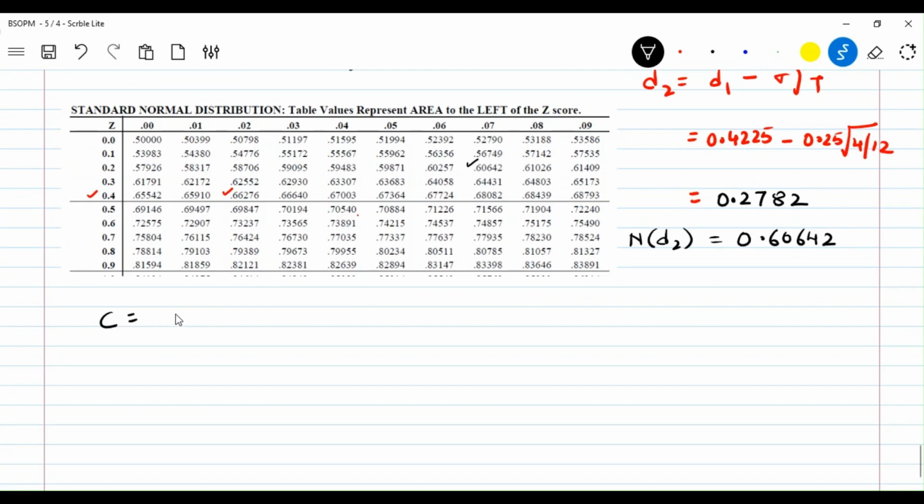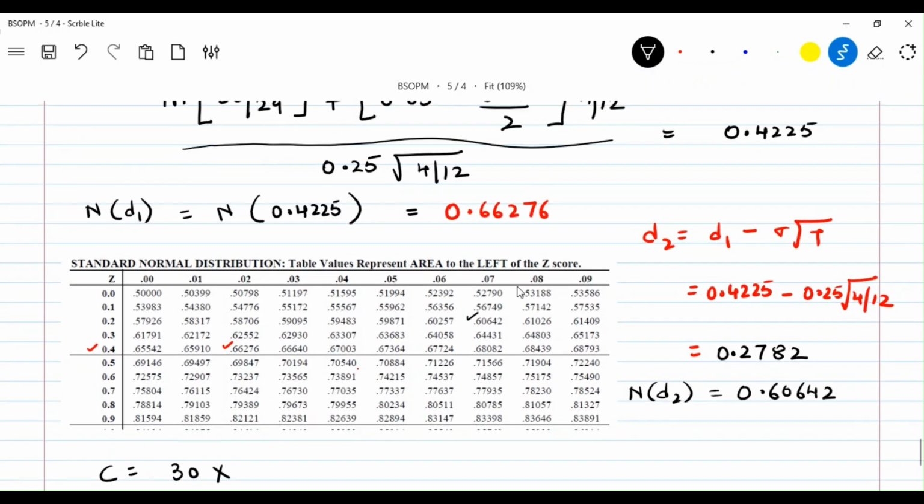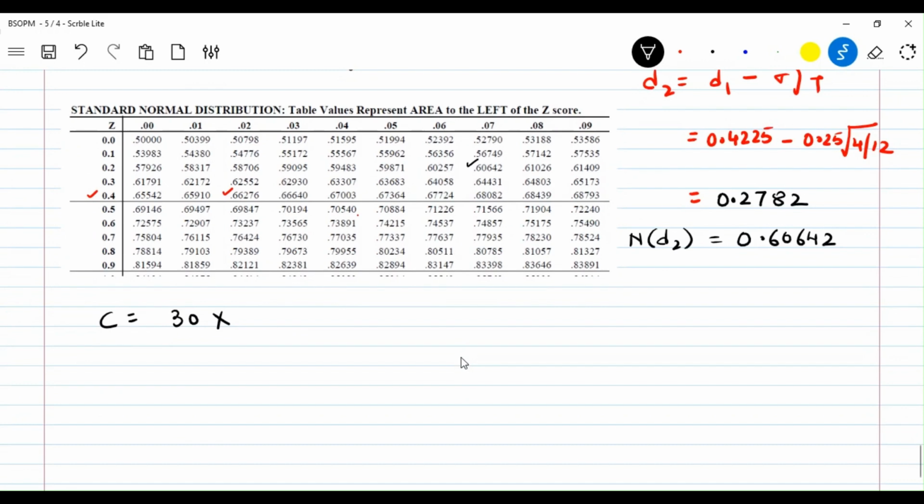Now I'm going to substitute all of my information in my formula. C is equal to spot rate, 30, multiplied by ND1. If you remember, our ND1 is 0.66276. Then a minus sign, then my K, which is 29, and then I have to calculate the present value of this, so I'm putting an exponential of minus 0.05 multiplied by 4 by 12.